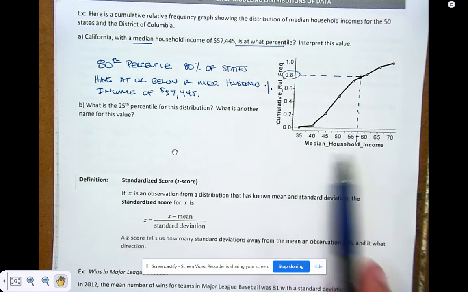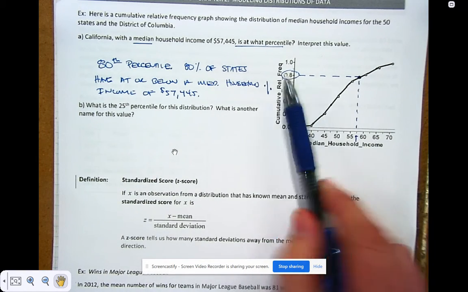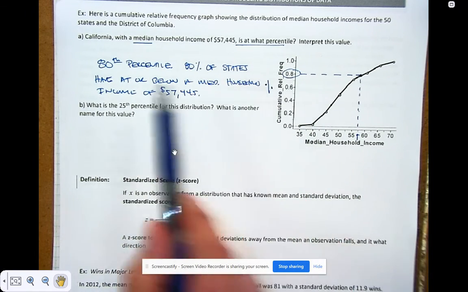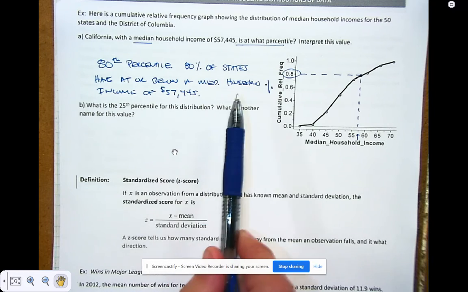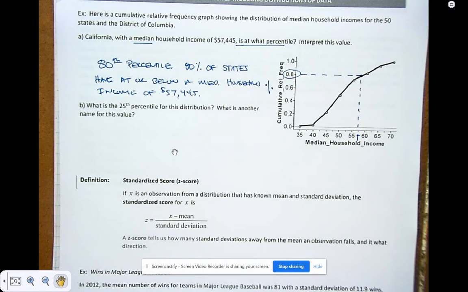Okay, so this graph was really easy. We went into the median household income, we went up to the graph and over to the y-axis, which is your percentile, and we were right at 80.8, which is 80th percentile.